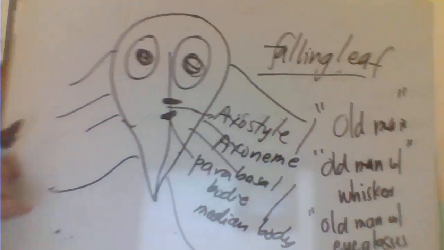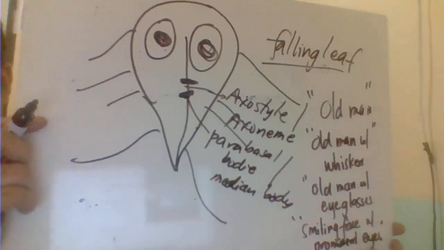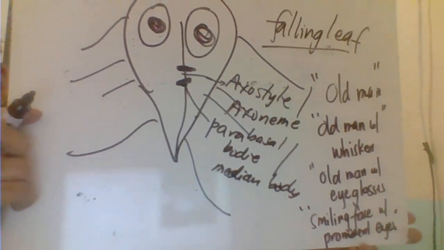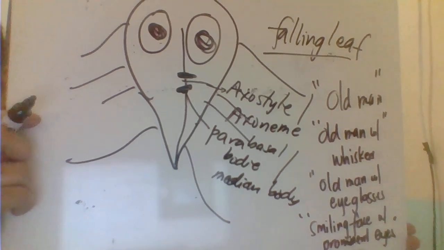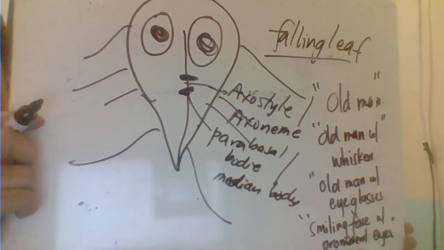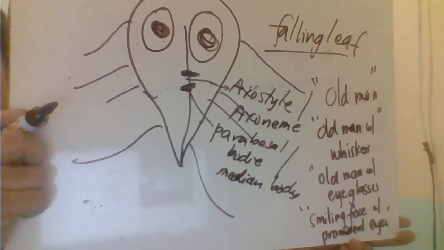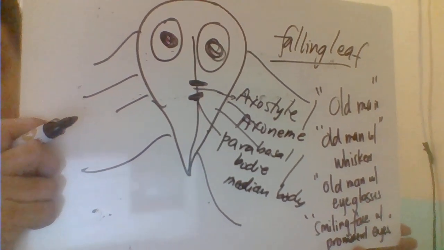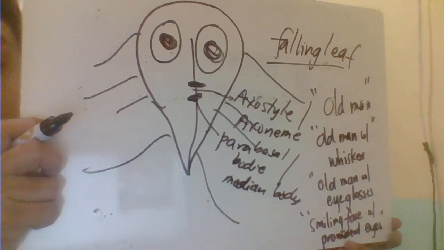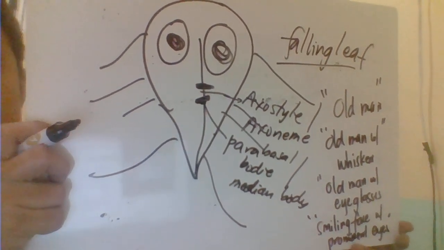Here are the characteristics: an old man with eyeglasses, an old man with whiskers, and a smiling face with prominent eyes. Smiling, but you won't smile when you get infected with this. Okay, that's for the trophozoite.